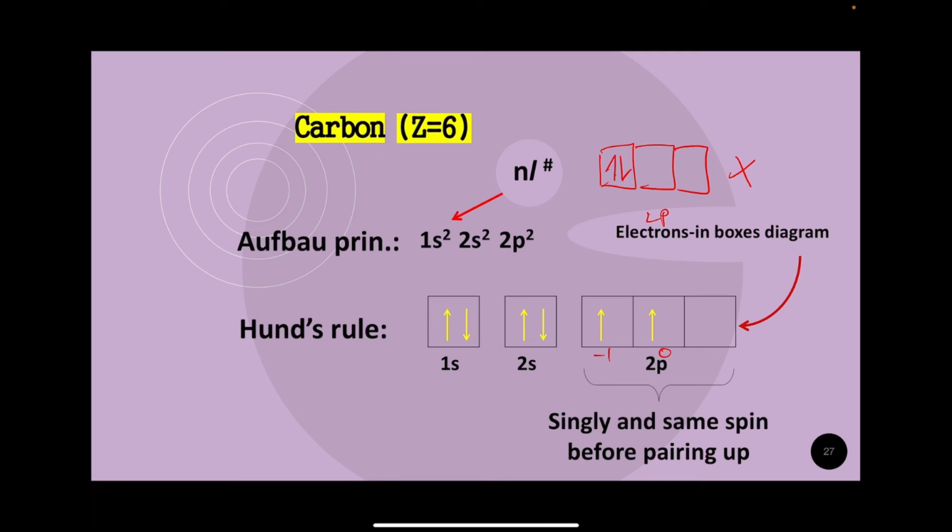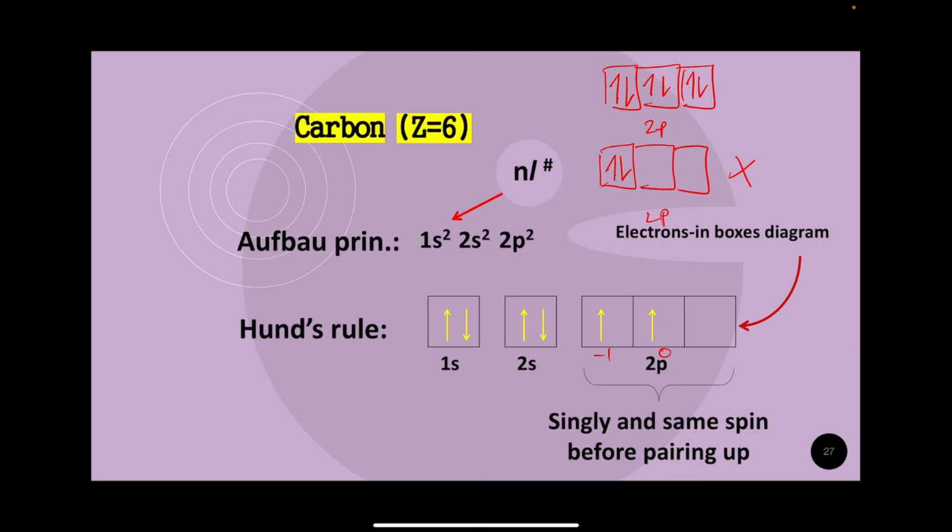For example, let's say I want to fill up all the p orbitals. First we fill singly. Next this one. So this is how to draw the full 2p orbital: singly first, then we pair up with the negative half.